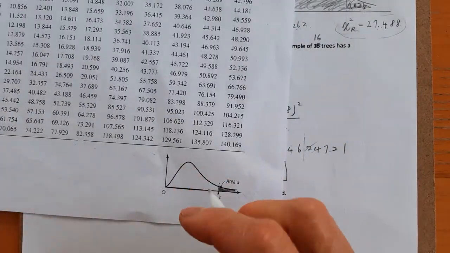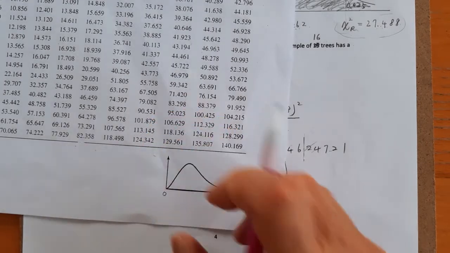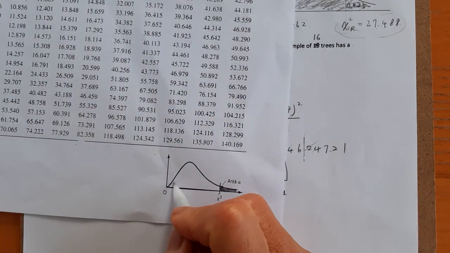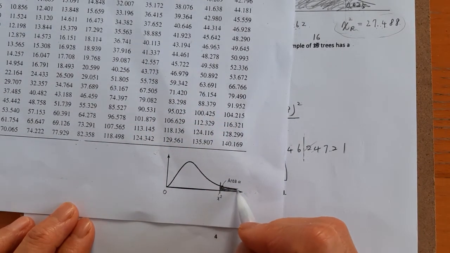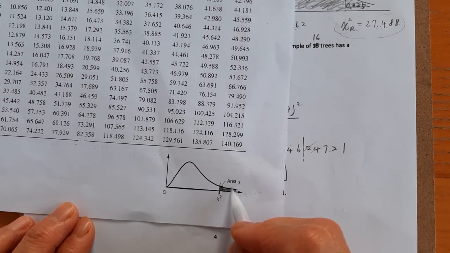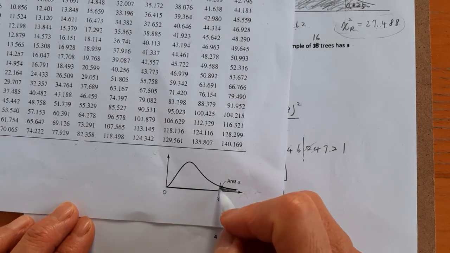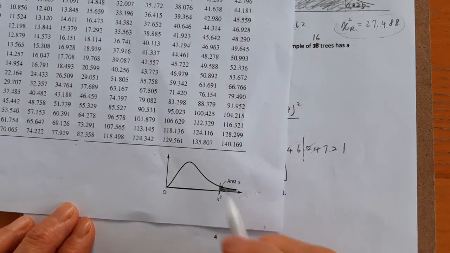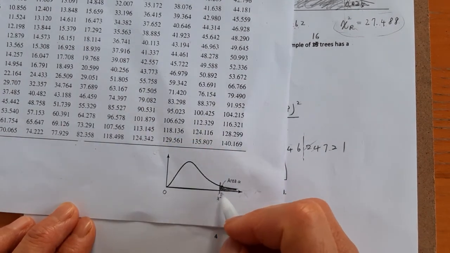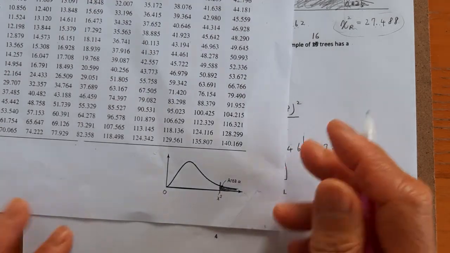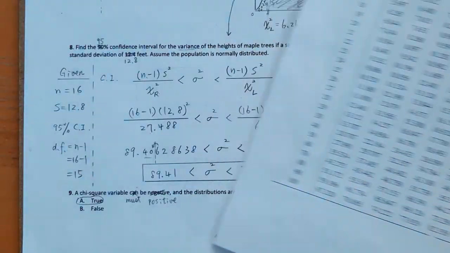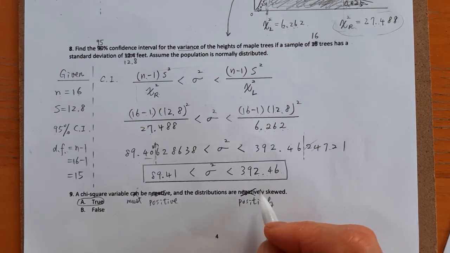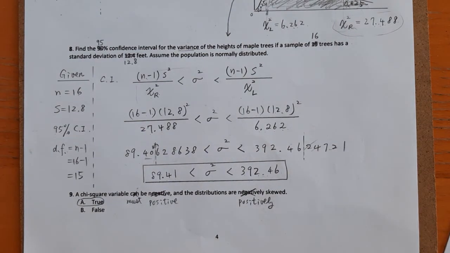The left side is fatter, and the height is higher, and then the right side goes skinnier, slimmer, so the height is not that high. This side is the positive side, so it's positively skewed, skewed to the right.